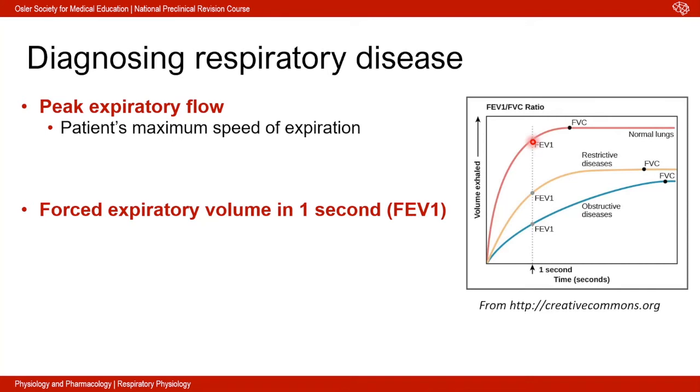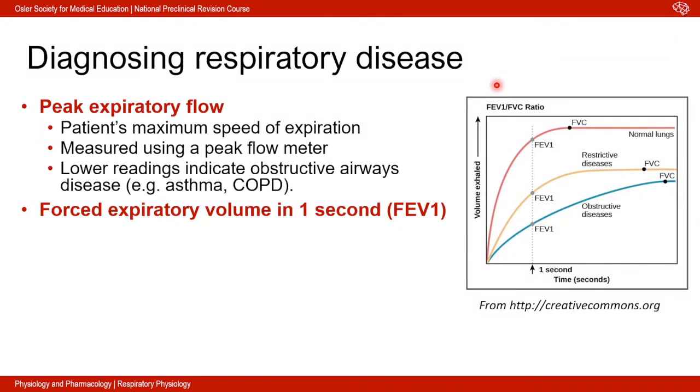So you breathe into this tube, and you basically just ask the patient to breathe out as quickly as they can, and then you measure how much they manage to exhale. So it's measured using a peak flow meter, and the lower readings indicate obstructive airways disease. So these are ones such as asthma and COPD, the ones that kind of block up your airways.